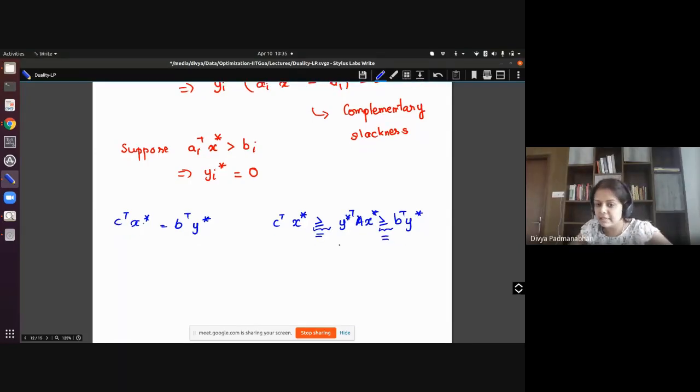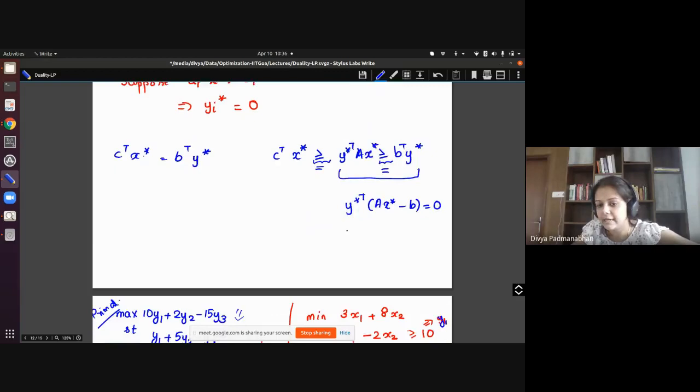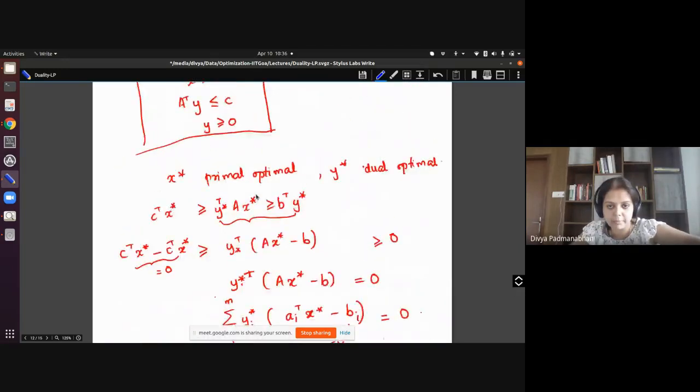Okay, so yesterday we saw one implication of this. From this side, the equality gives us Y star transpose (AX star minus B) is equal to 0. In other words, we had the summation of yi star times the ith term. These y's correspond to the constraints of the primal.